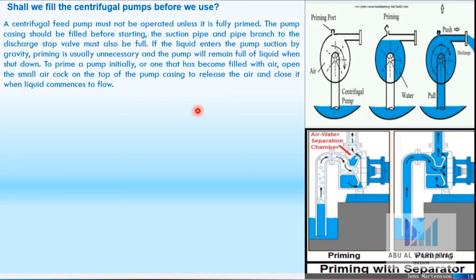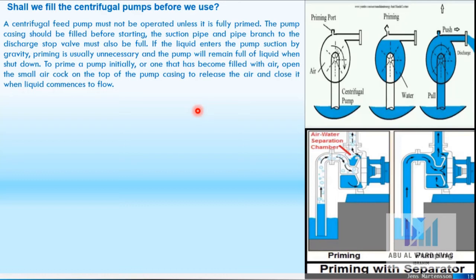The suction pipe and the branch pipe to the discharge stop valve must also be full. If the liquid enters the pump suction by gravity, priming is usually unnecessary, and the pump will remain full of liquid when shut down.